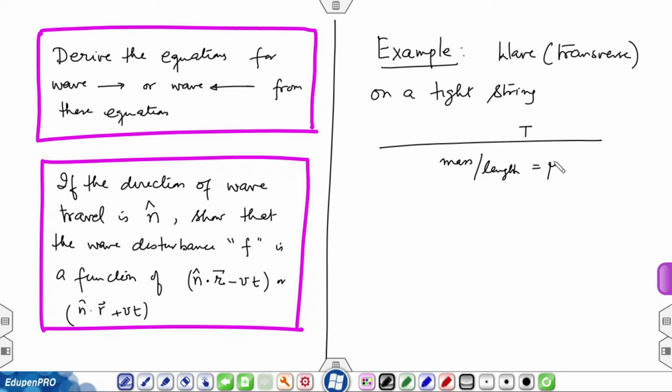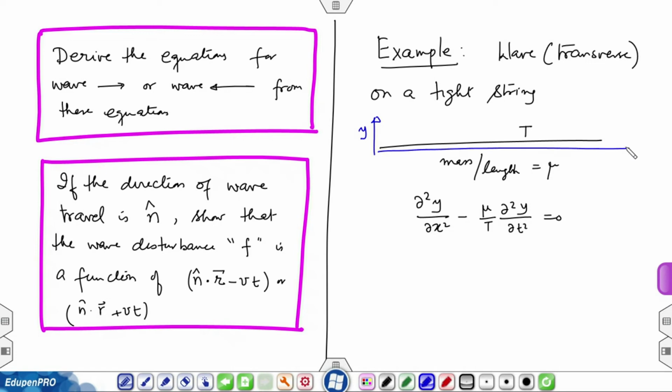Then the equation of motion is given by d²y/dx² minus mu over T d²y/dt² equals 0, where I have taken the coordinate system such that the disturbance is given by y, and the direction is x.